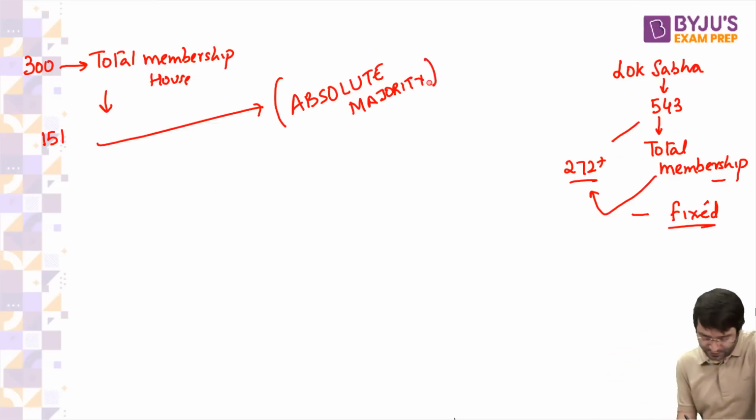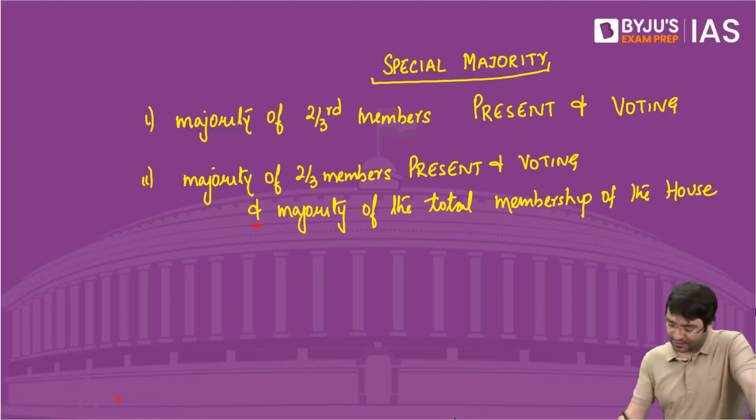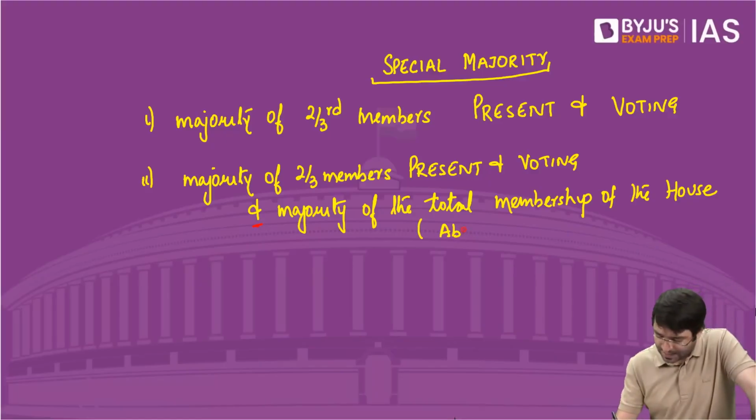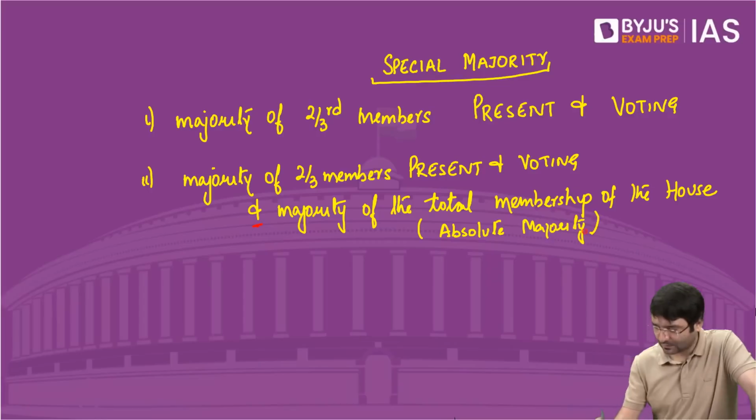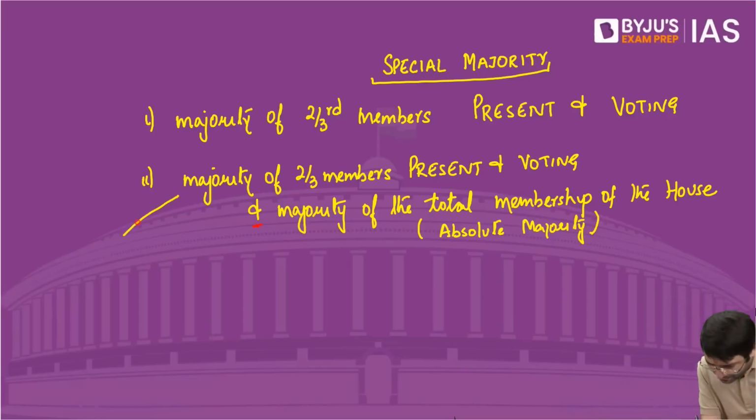Majority of the total membership of the House. This term is known as absolute majority. And it is this type of majority which is used to amend the Constitution.